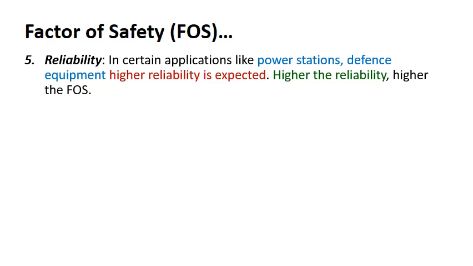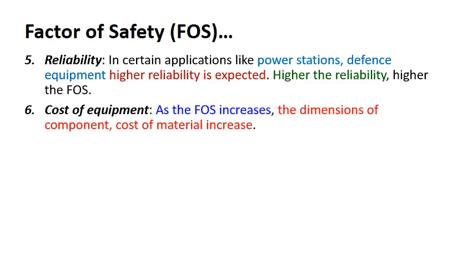It is basically the probability. Higher the probability, higher the reliability. Probability of what? Probability of functioning. So if you want higher reliability, for example in applications like power stations and defense equipment, we need higher reliability. So higher FOS is required.